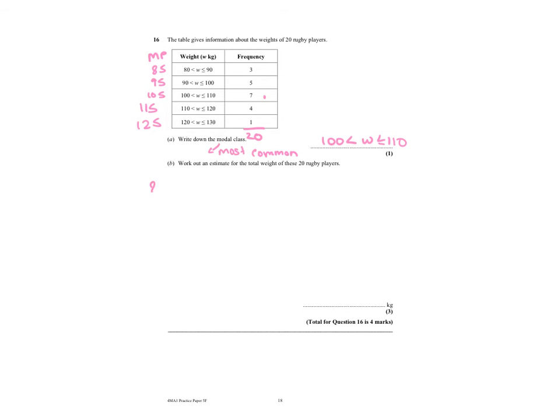So now I'm going to multiply the midpoint, so 85 times our frequency, which is 3, 95 times 5, 105 times 7, 115 times 4, and 125 times 1.